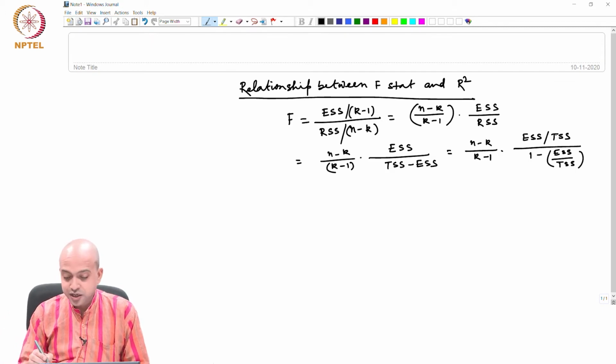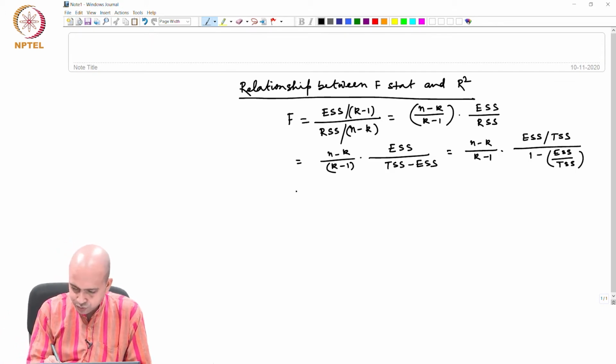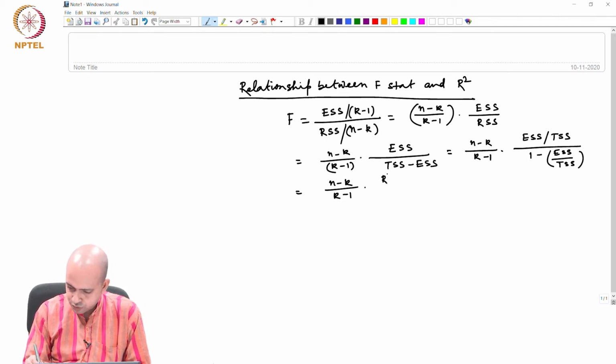Now, ESS by TSS is R square. So, this would become n minus k by k minus 1 into R square divided by 1 minus R square.